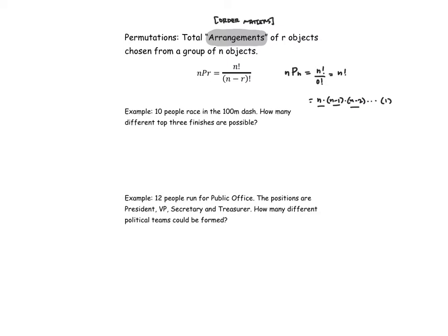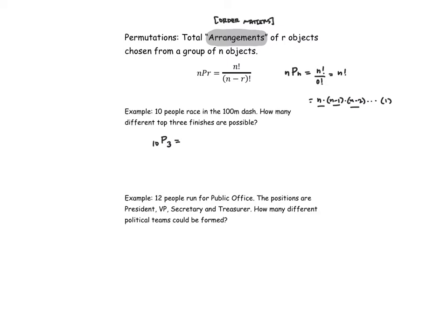Okay, so example, 10 people race in the 100-meter dash. How many different top 3 finishes are possible? Okay, so for this, we're going to take 10 permutations of 3. So that'll be 10 factorial.